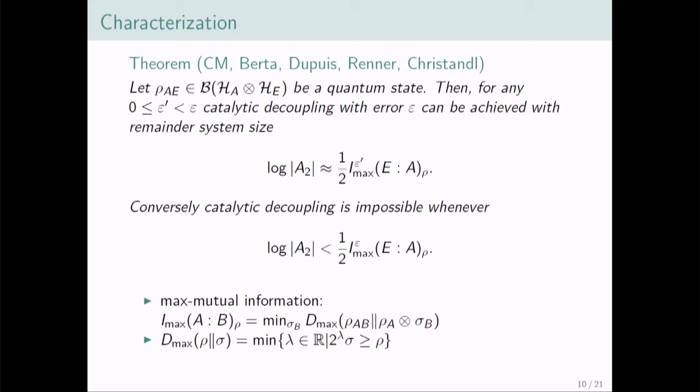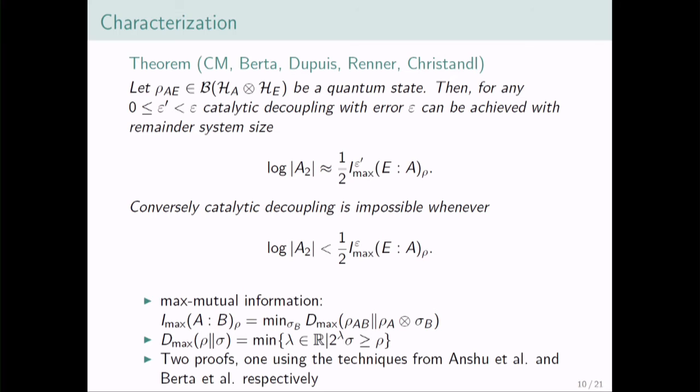So I mentioned that this is unifying these two previously existing techniques, and this is reflected in the fact that we have two proofs of this theorem, using the techniques from these two works respectively.